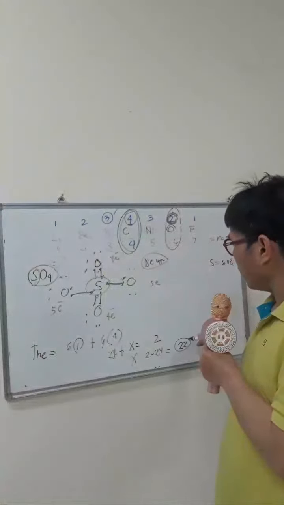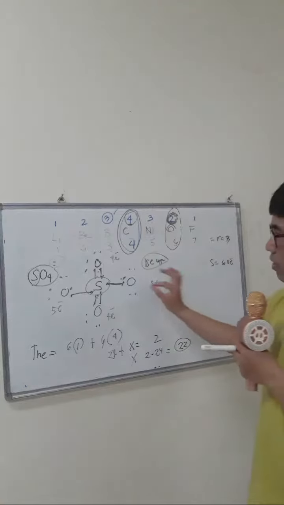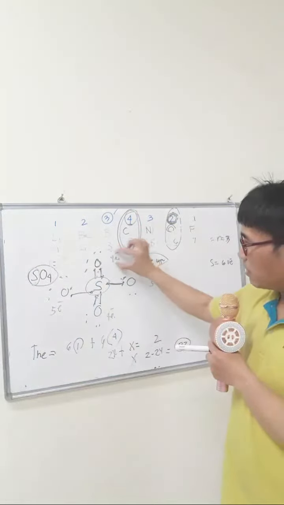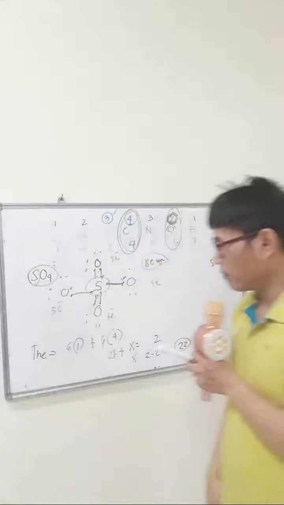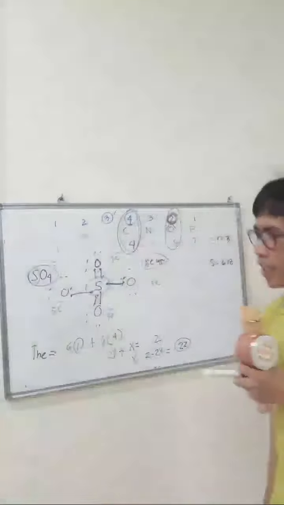And where are the other 4 electrons? These are compensated with the oxygen. See, 4 electrons here and 4 electrons here, because that is a negative 2 charge.